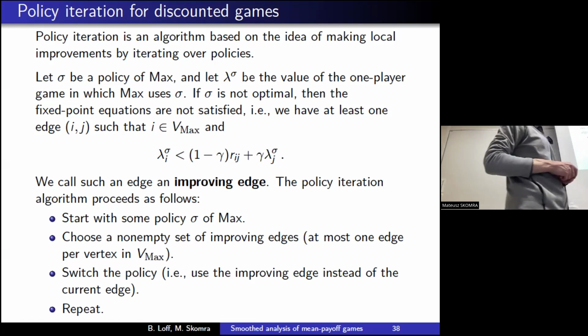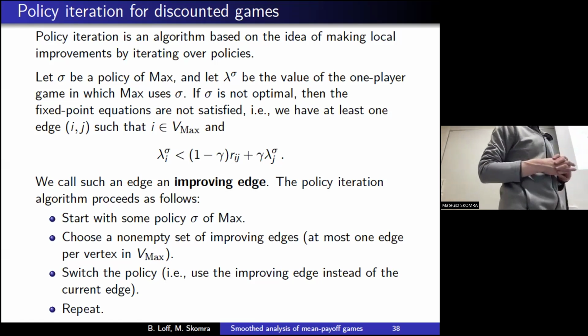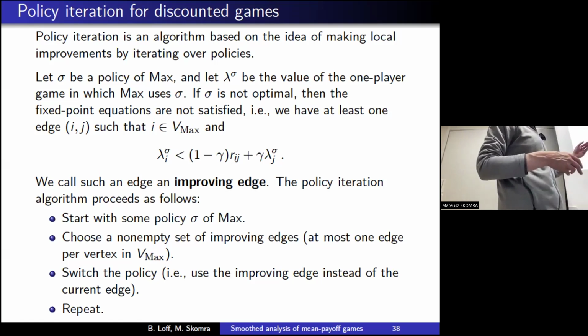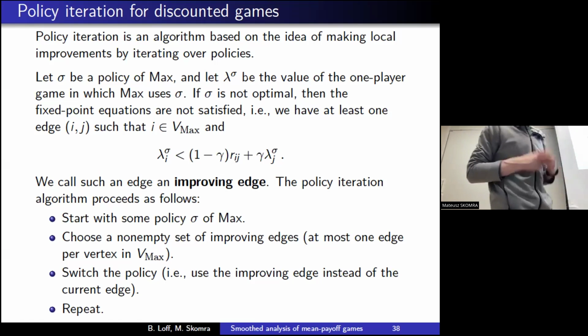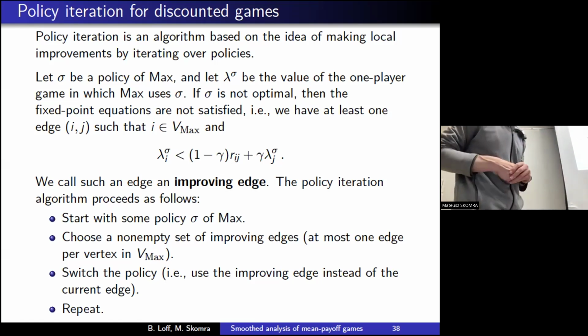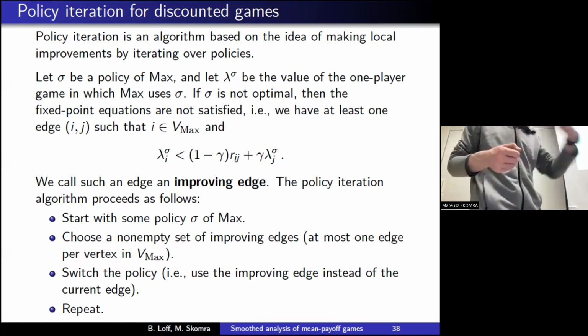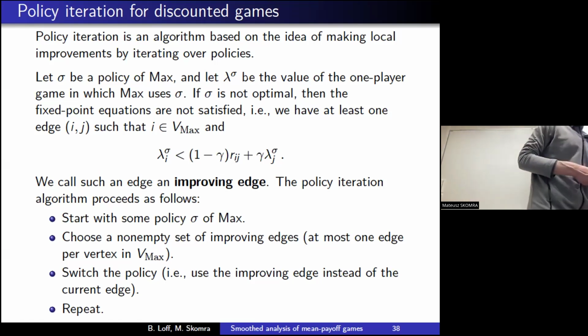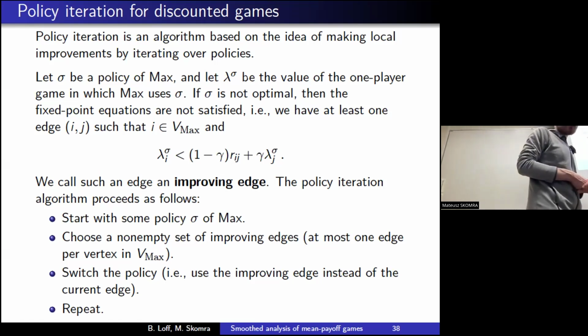Yeah, so let us start with the discounted game. That's much easier, also for the algorithm, actually. In the discounted game, if I give you a policy, it's very easy to check if it's optimal. You just find the value and check if the value satisfies the equation. Okay, good.